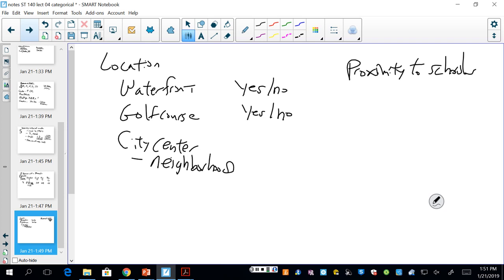And how would you measure that? Distance. So distance. You could do miles of some sort. And then there is the question, are you going to take the location to that and do the closest distance, right? Or do you have to do walking distance? Maybe you have to go over here, cross the street, come back.